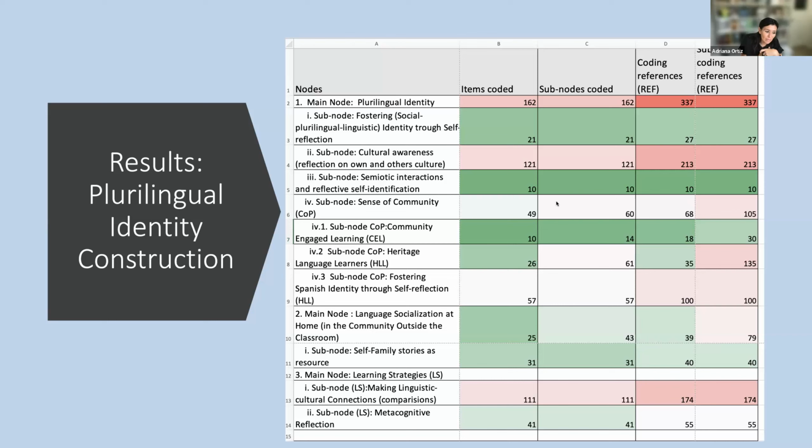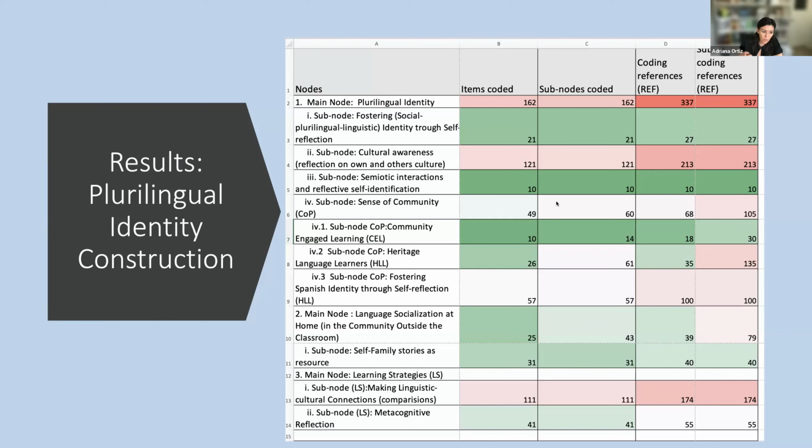Their active participation within the community, being a community-engaged language learner or part of heritage language learner communities, helped them engage fully in various linguistic and cultural practices, along with their own reflective exploration of their position in that community, which contributed to deepening their sense of plurilingual identity.